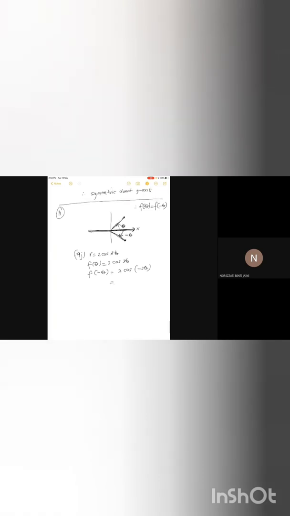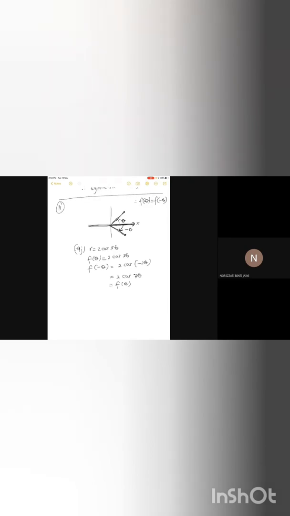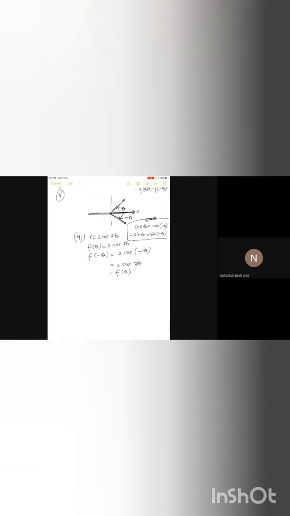Then my f(negative theta) will be cos of negative 3 theta, which is actually cos 3 theta again. So it is f theta. Why is this so? Because cos theta is the same as cos negative theta. That is the formula. But for sin, no: sin negative theta is equal to negative sin theta. So that is the formula. That is why usually, symmetry about the x-axis involves cos. Symmetric about the x-axis is cos, because cos theta equals cos negative theta.